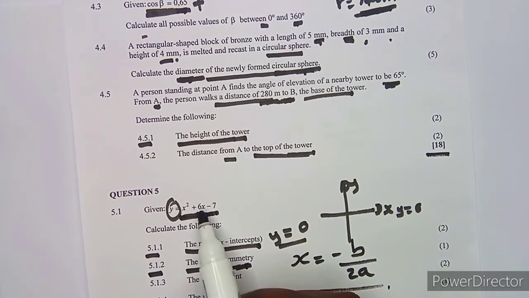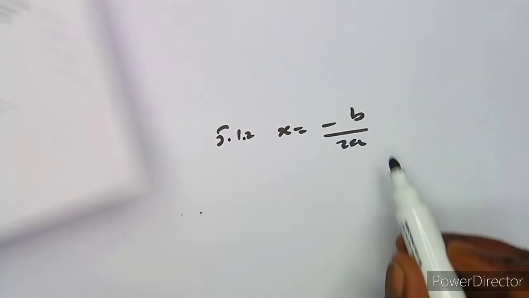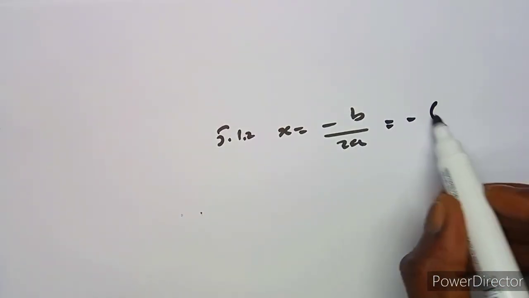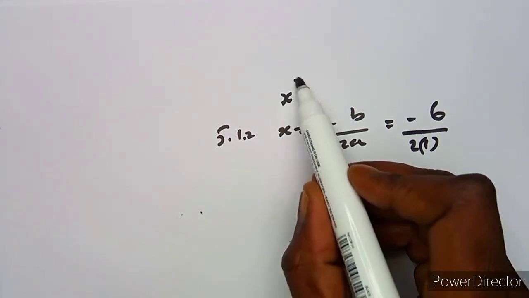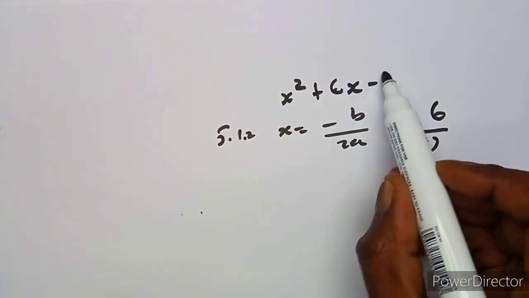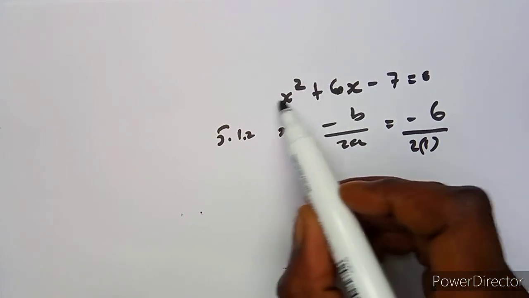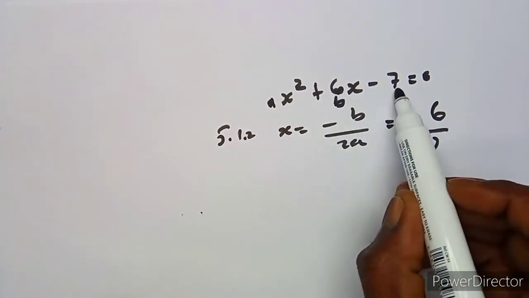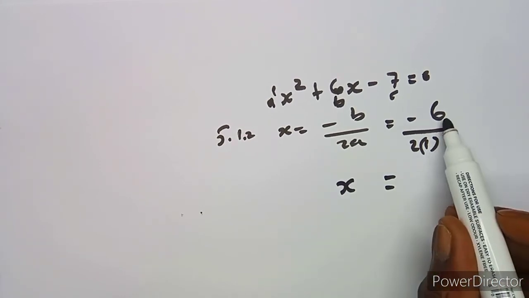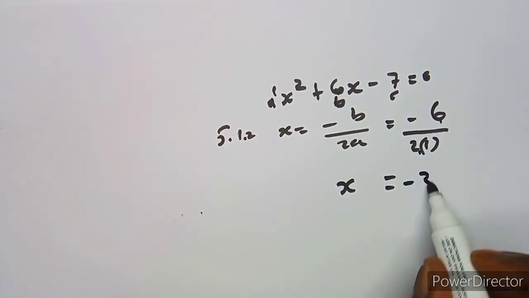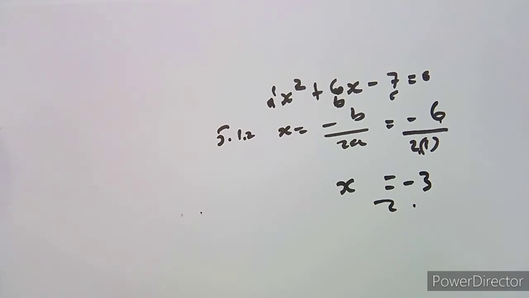So your b is 6 and your a is 1. So it's minus b, which is minus 6 over 2a, which is 2 times 1. Remember, x squared plus 6x minus 7 is equal to 0, like that. So this is your a, your b, your c. So a is 1. So which means our x is going to be minus 6 divided by 2, which is minus 3. So x is minus 3.